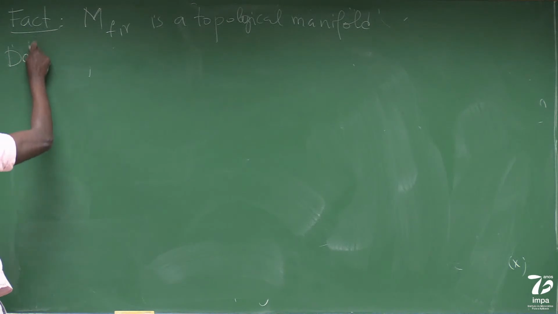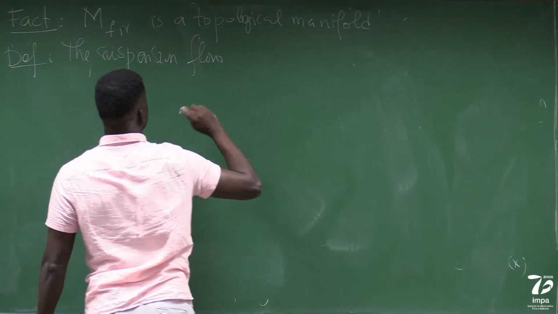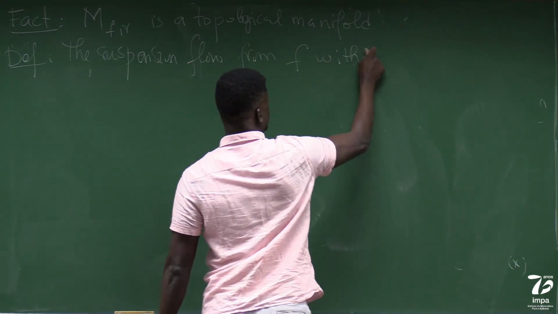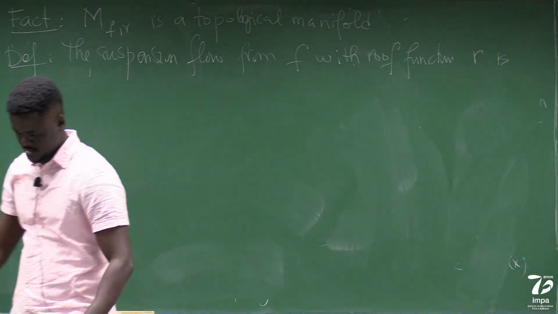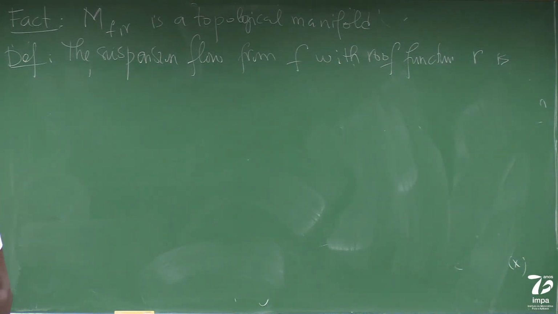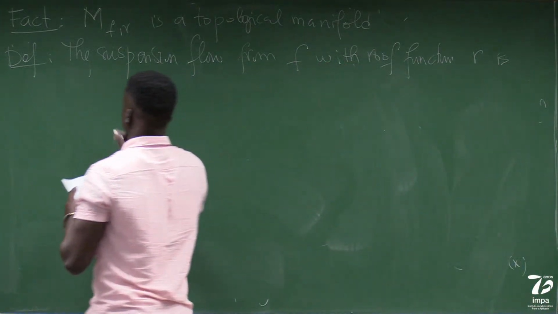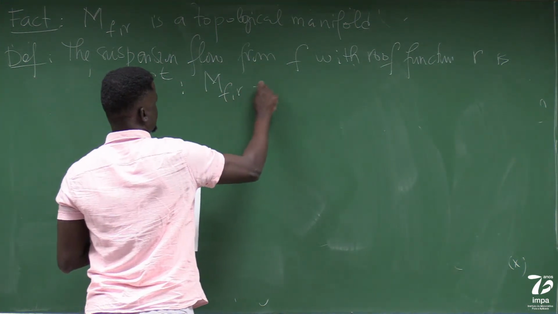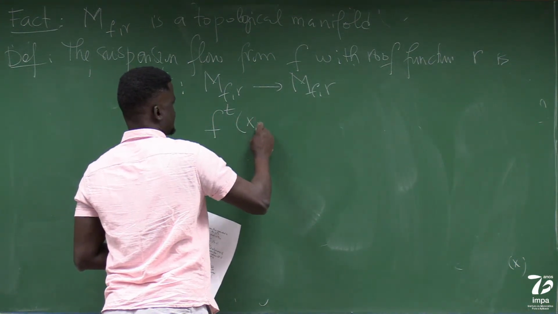Definition: the suspension flow from f with roof function r is the flow F_t defined from M_{f,r} to M_{f,r}, that is F_t of (x, s).